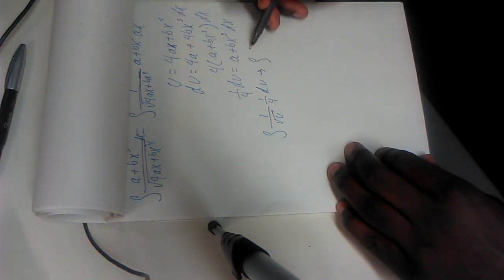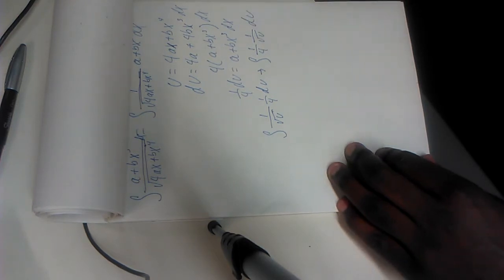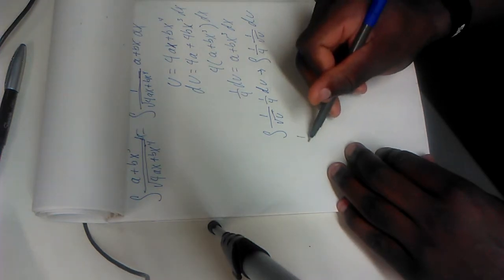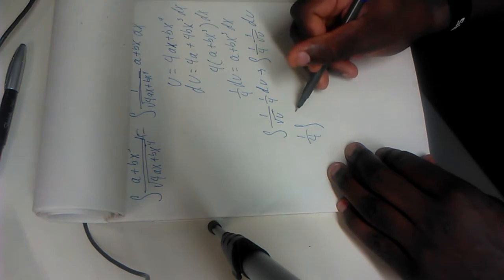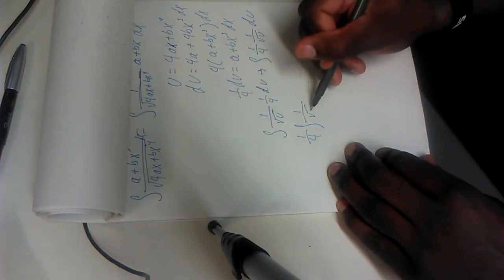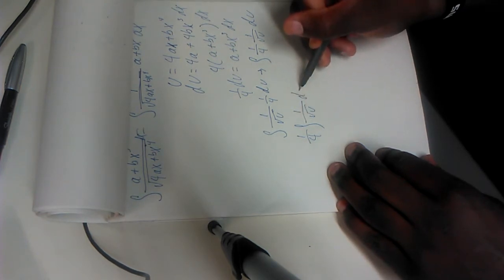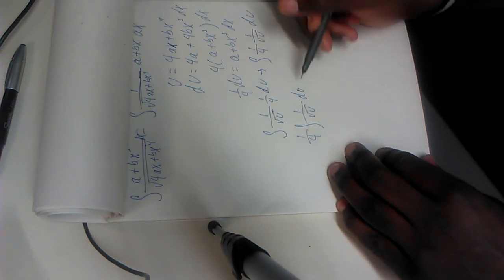So here we're looking at a 1/4 times a 1 over radical u du. Now let's put our 1/4 outside the integral symbol, leaving the integral of 1 over radical u du.